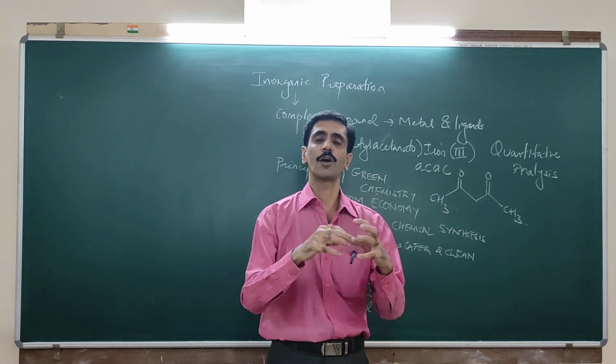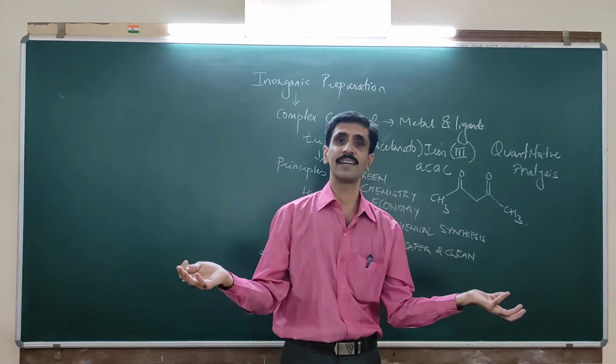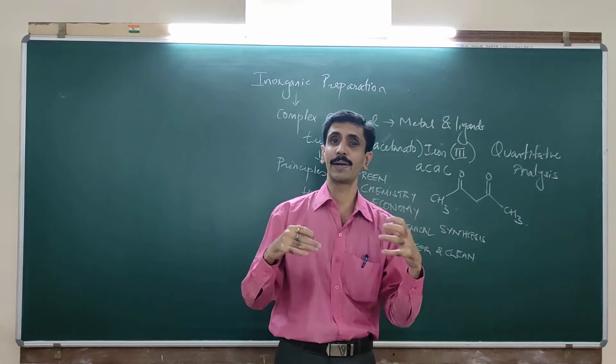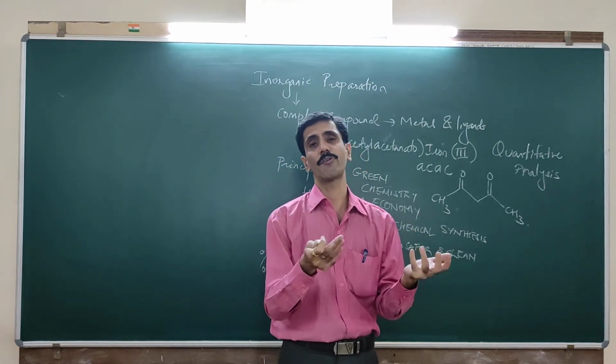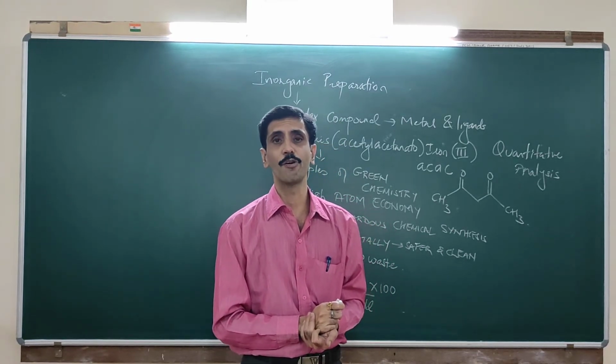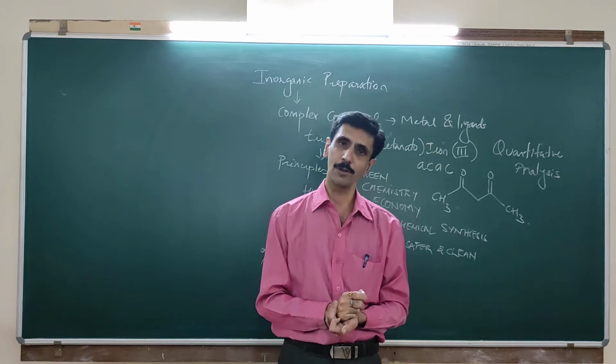It is also used in the extraction of metals. Metals are found along with many other materials, so I need to separate that metal from the other materials and get the metal in a pure form, and the pure form of the metal has many industrial applications, and therefore it has a high commercial value.